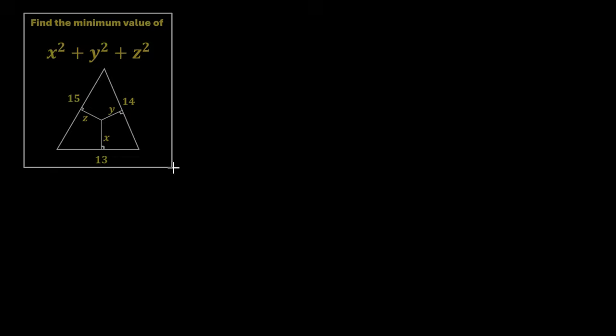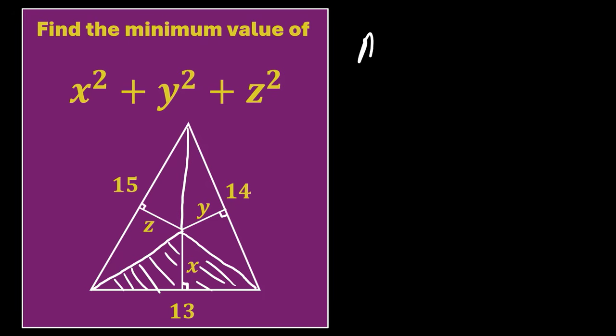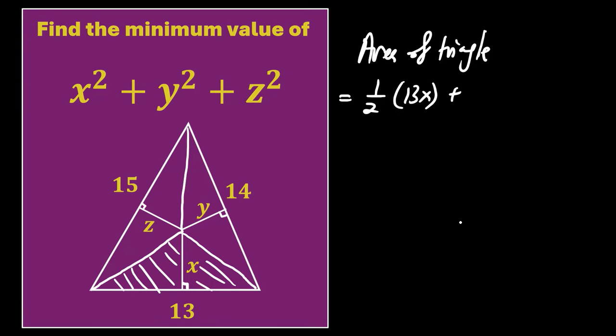Next, we can also get the area of the triangle by adding a few lines here. We can join the lines in this way. The area of the triangle is equal to half of 13x plus half of 14y plus half of 15z.